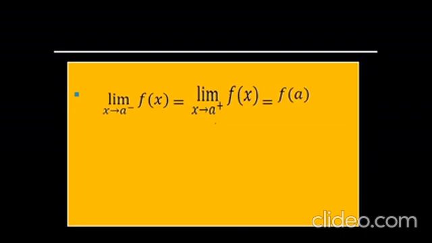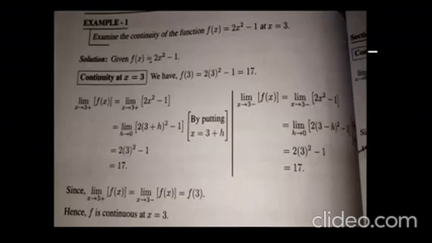So look at this question. Examine the continuity of the function f(x) = 2x² − 1 at x = 3. First of all, we have to look at the value of the function.